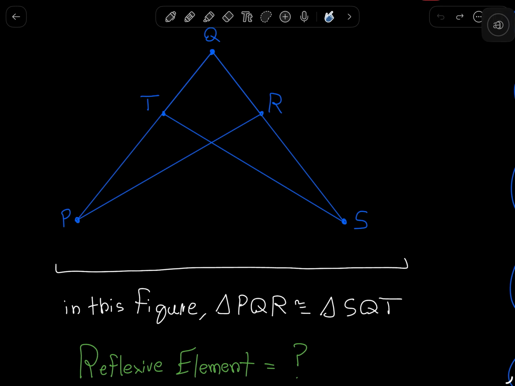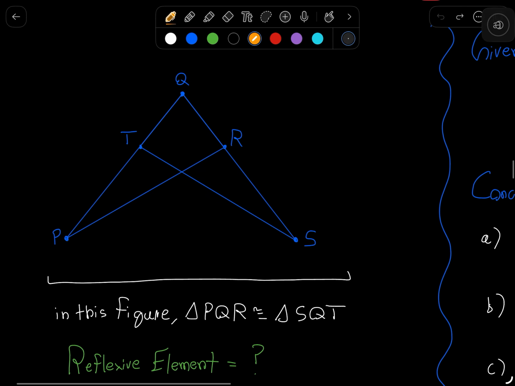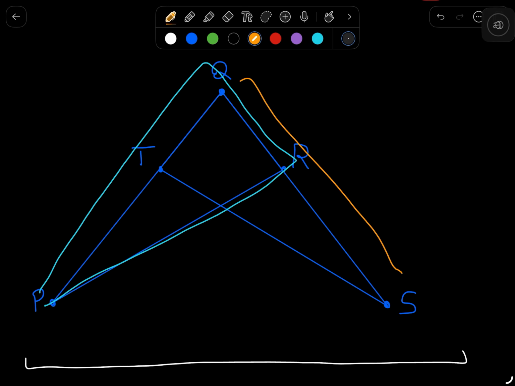here we have triangles PQR and SQT that are congruent to each other. What's the reflexive element? What that's asking us is what element between these two triangles is reflexive in nature? What is shared between both? If you look at these two figures, you have PQR and you have SQT.